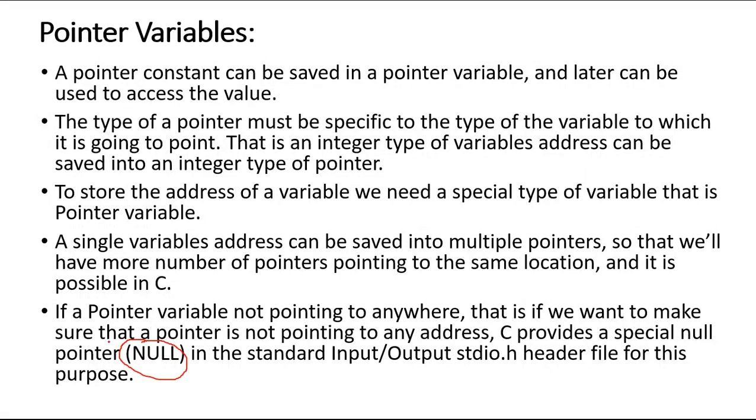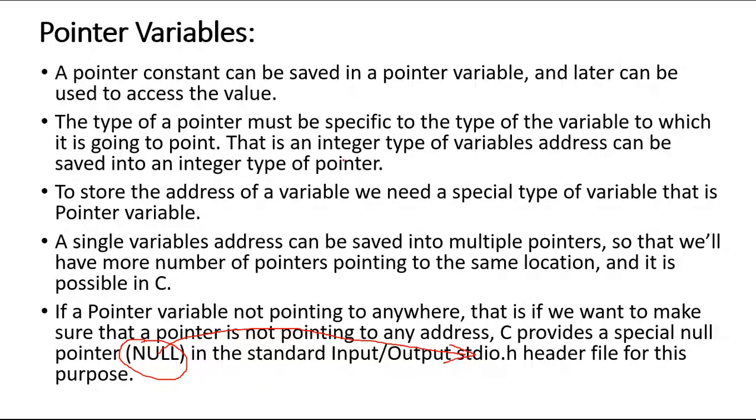So this special type of pointer, the null pointer, we have NULL. It is a standard variable defined under stdio.h, as you can see over here. This null is defined inside stdio.h. So all these things we discussed, how we can declare a pointer variable.